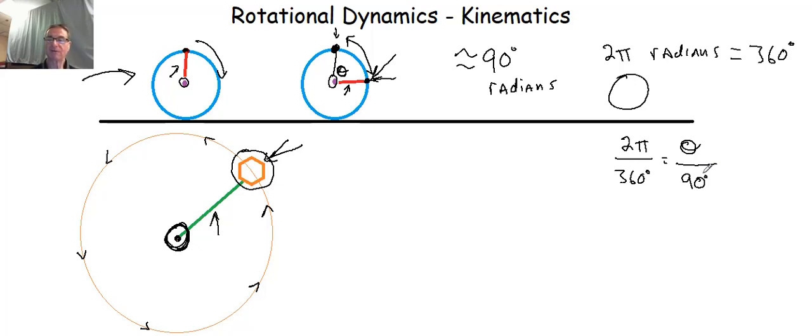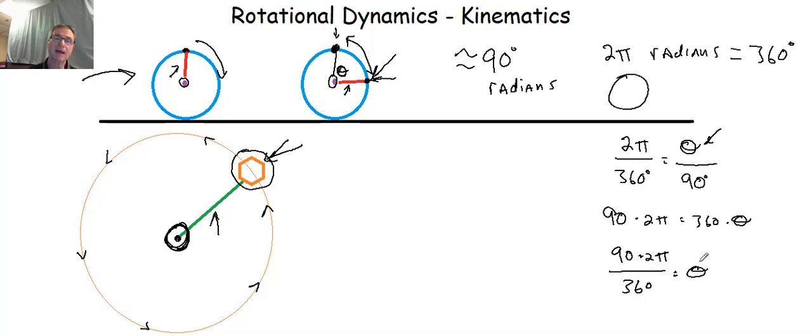So now if I want to figure out how many radians I have in 90 degrees, what I do is I'm going to cross multiply. So 90 times 2 pi is equal to 360 times theta. I divide each side by 360 and I get 90 times 2 pi divided by 360 is equal to theta.